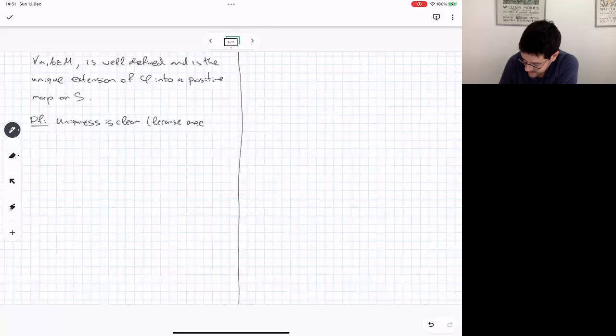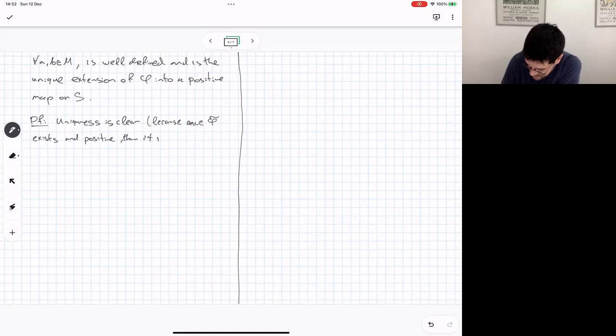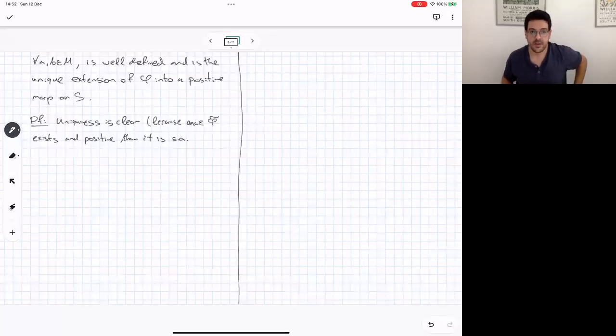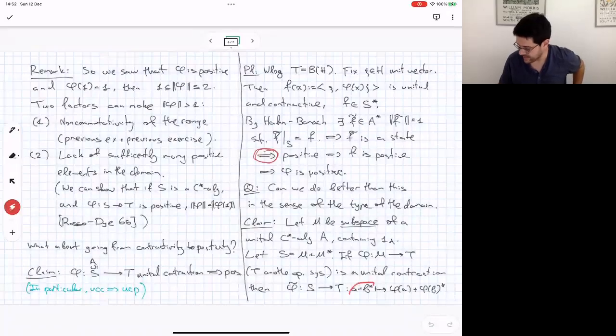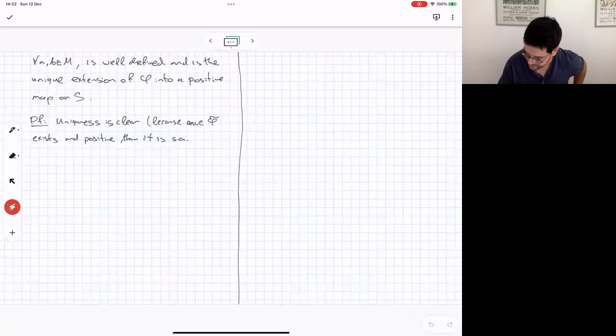Once phi twiddle exists and is positive, then it is self-adjoint. So it has to map A plus B star to phi twiddle of A plus phi twiddle of B star, which could be phi of A plus phi of B star. Well, you understand. So okay, uniqueness is clear.